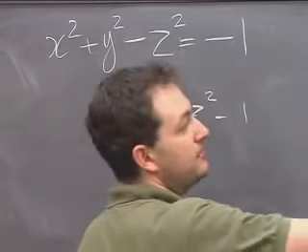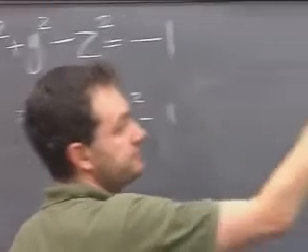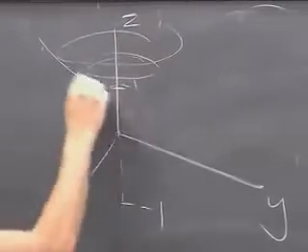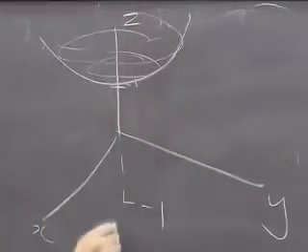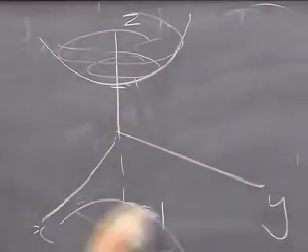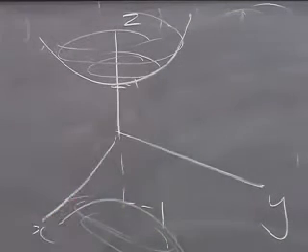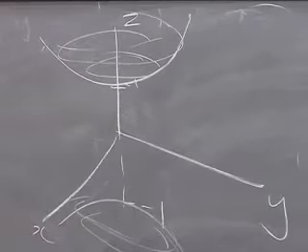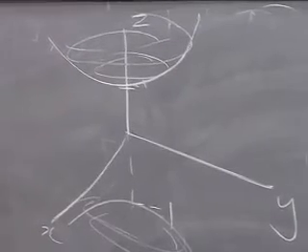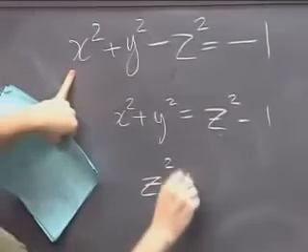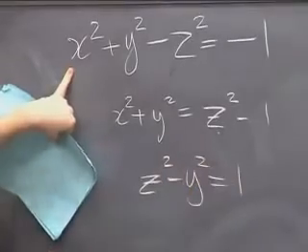And what you'll actually end up with is circles that get bigger, but only from 1. It looks like a little bowl, and another bowl down here. But if you look at how that bowl looks, we can think of this when x equals 0, say, we can rewrite this as z squared minus y squared equals 1.